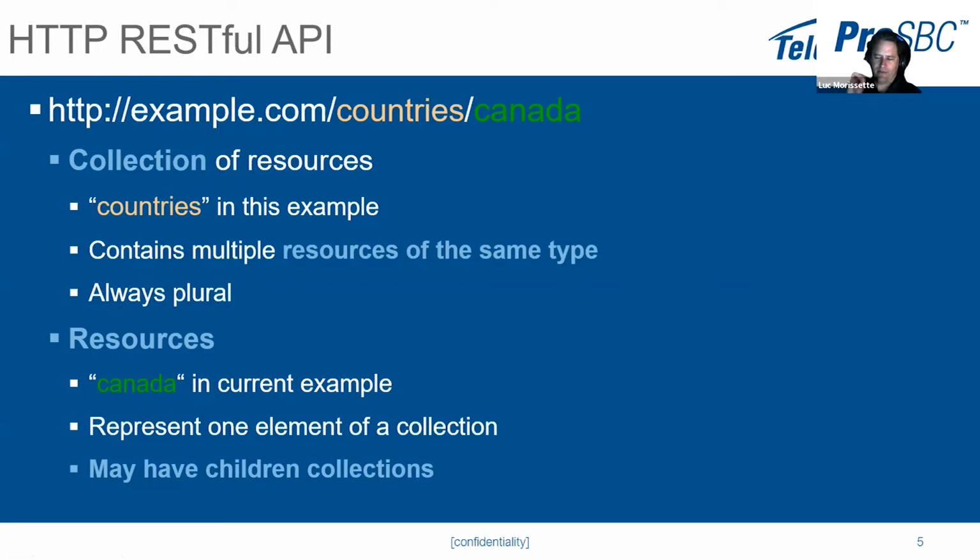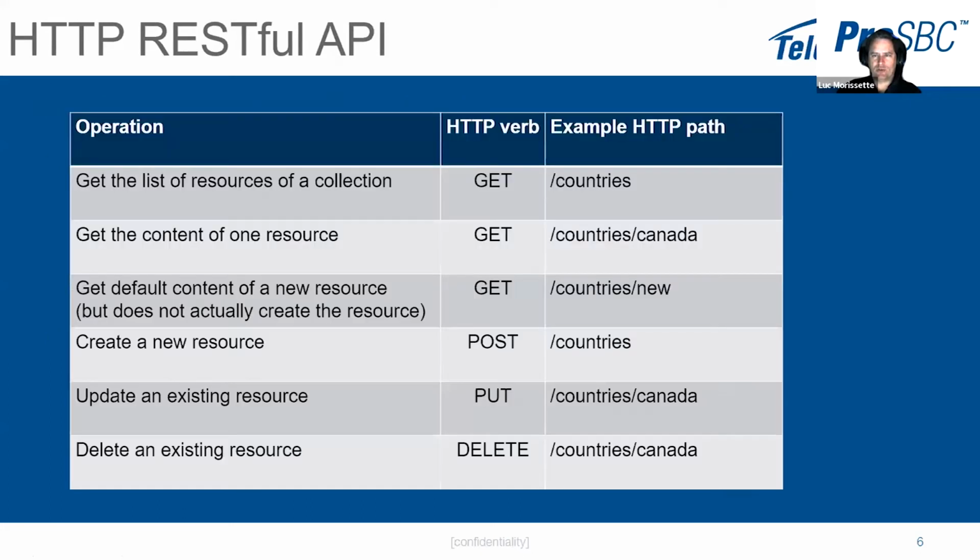Okay, so these are defined by telco bridges SBC, and it will not change. Then you have resources, and usually the resource is what you will configure in the system, and it will represent just one element, and it can have other children collections attached to this, but this name will have been decided by you when you configure the system.